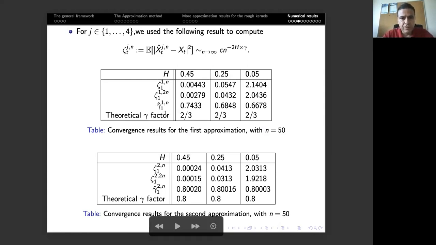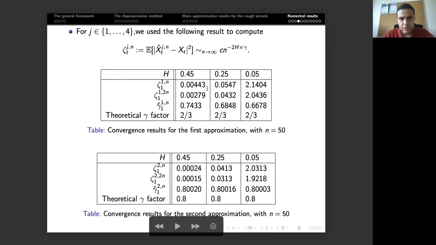So let us first have a look at the naive method. It is based on simply a Riemann sum without any particular choice for the weights of my Dirac sum. We considered three Hurst parameters, 0.45, 0.25, and the most challenging one, 0.05.